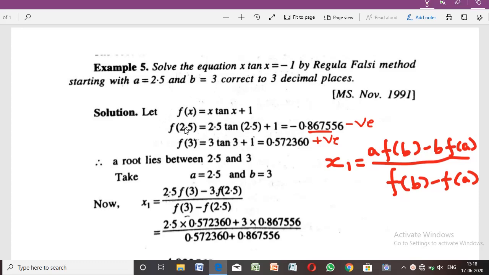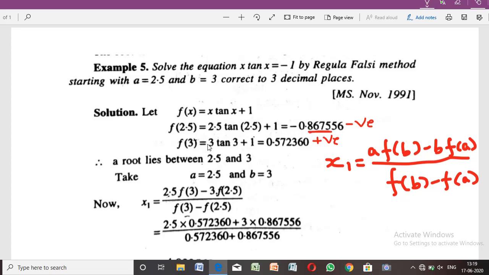So put x equal to 2.5 in this function, we get minus 0.867556. We just take only 4 decimal places, because the question says correct to 3 decimal places, so we have to find up to 4 decimal places.